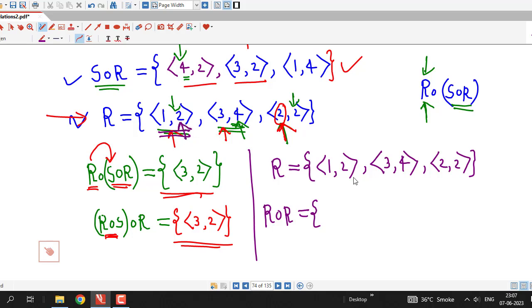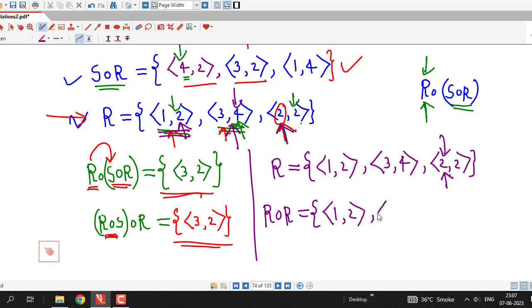The second component is 2, and there is an ordered pair with first component 2. 1 2 belongs to R, 2 2 belongs to R, therefore 1 2 belongs to R composite R. Then the ordered pair 3 4: the second component is 4, and there is no ordered pair having first component 4. Then 2 comma 2: the second component is 2, and here we have a first component 2.